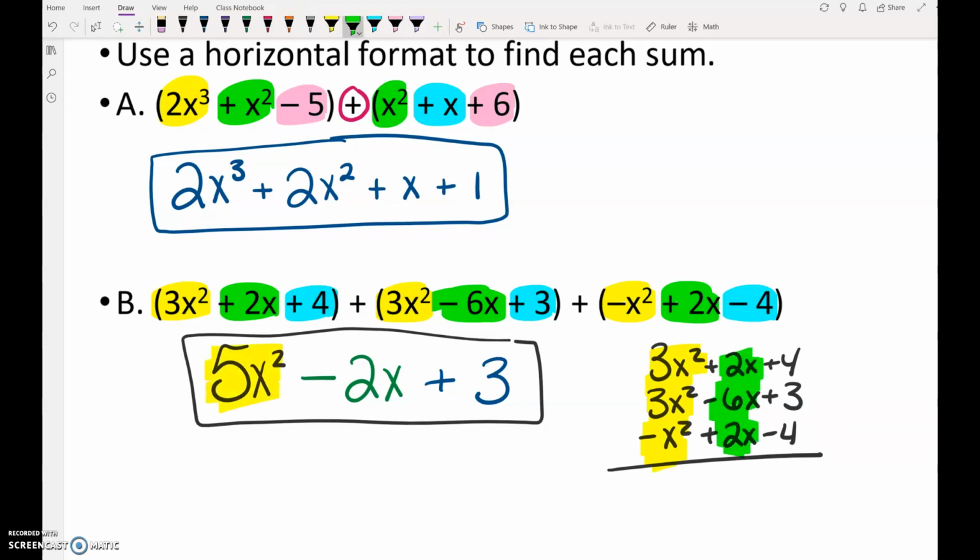Add your x's together to get your middle term of -2x. And add your plain numbers together to get your plus 3. So that's the difference between horizontal form and vertical form. I am okay with you using whichever form you want. Even if the assignment says use vertical format, if you prefer horizontal format, go for it.